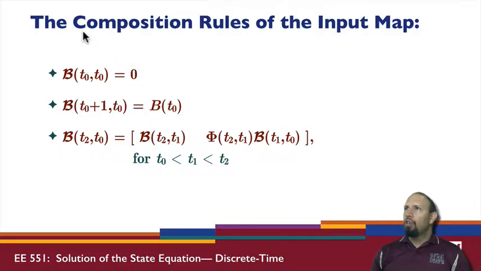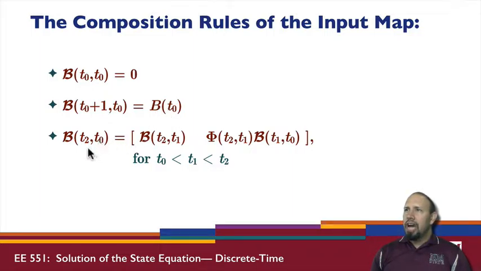The input map also satisfies what are called composition rules. Composition rules first say that the input map from t naught to t naught is just 0, or actually its dimension is 0. So it doesn't actually appear in the solution at that point. If we go from t naught one step ahead, it's equal to the matrix B at time t naught.